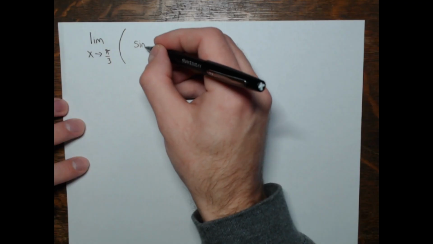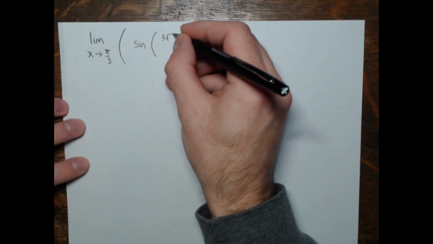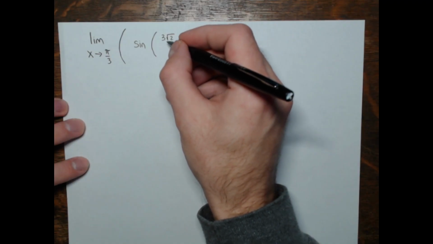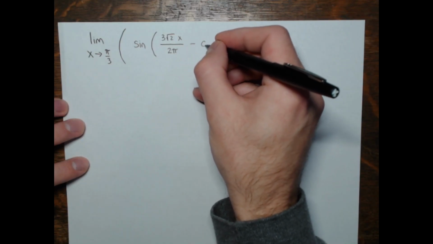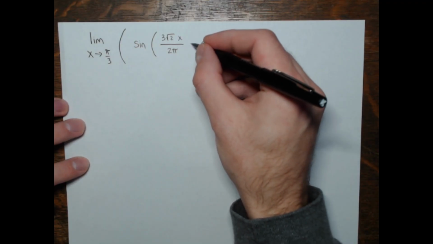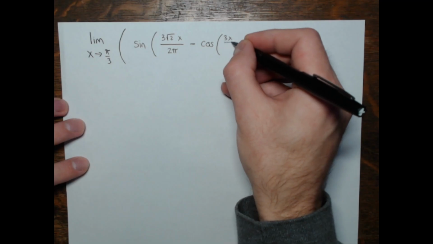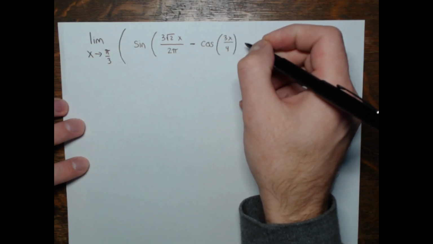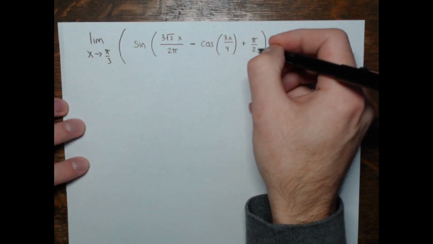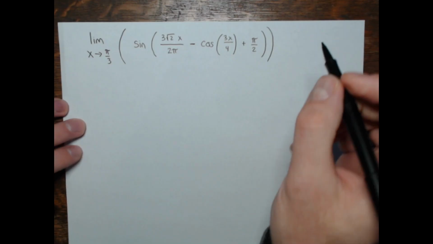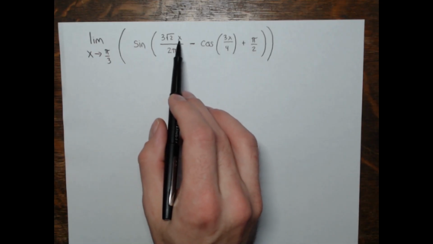You got the sine of, and then inside this sine function, 3 times the square root of 2 times x divided by 2 pi, and then minus, this is still inside, the parentheses didn't close, minus the cosine of 3 times x divided by 4. That's closed, and then plus pi over 2. And now the parentheses for the sine are closed. So again, these are sines and cosines, and you got polynomial terms in here.